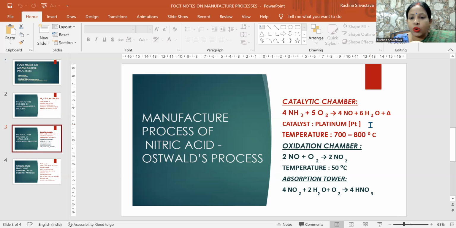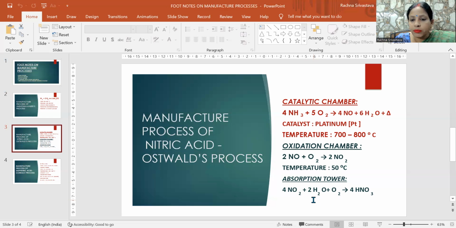Your next step is the oxidation chamber, where your nitric oxide, further in presence of oxygen, forms nitrogen dioxide. The temperature condition is 50 degrees centigrade. Then the last is the absorption tower, where your nitrogen dioxide gets absorbed in water with the help of oxygen, forming nitric acid, which is the required product.